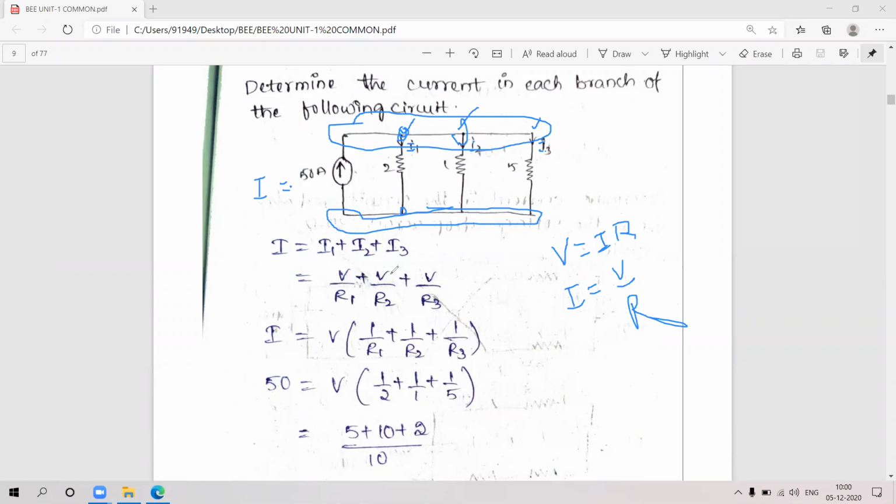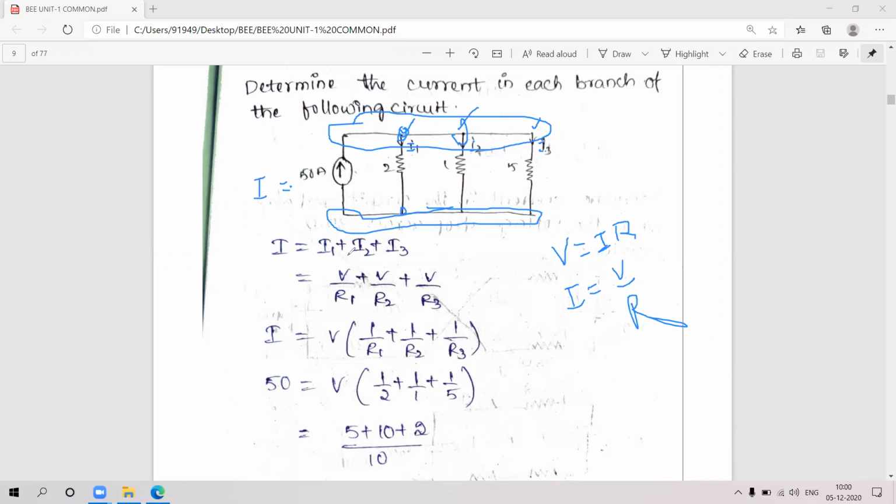Common means voltage is same. Because it is a common node, voltage will be same. This is acting like positive and this is acting like negative, or phase or neutral. So that is why the potential difference exists between these two nodes. Yes or no?